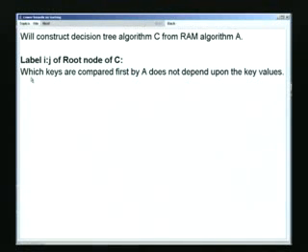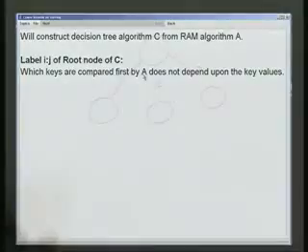The main idea is that which keys are compared first by A, our RAM algorithm, does not depend upon the key values. Why is that? Well, A is going to read things and then it is going to compare. It is not going to base its decision on which keys to compare on the value of any key, because the value of any key does not really come into the control structure of A, other than in the comparisons that A does.